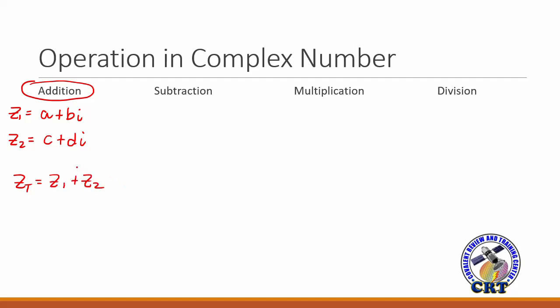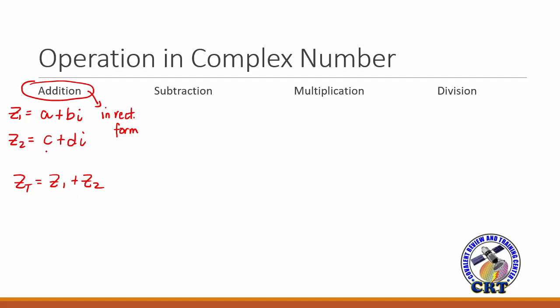So in addition, we have to transform every complex number to rectangular form. Okay? So addition, perform this in rectangular form.